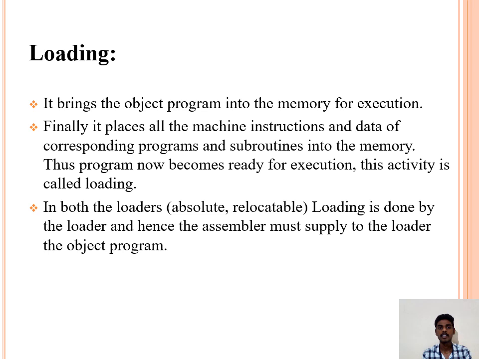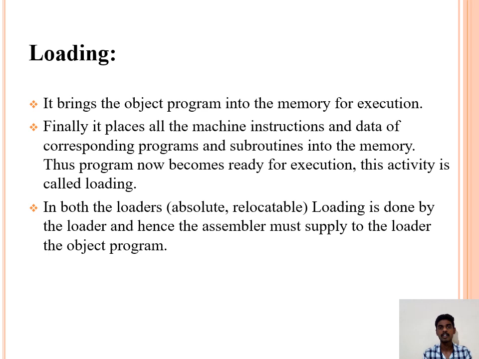Loading. It brings the object program into memory for execution, and finally it places all the machine instructions and data of the corresponding programs and subroutines into memory. This program now becomes ready for execution, and this activity is finally called loading. In both loaders, absolute or relocatable, loading is done by the loader, and hence the assembler must supply the loader the object program.